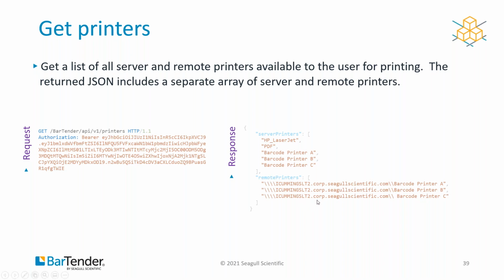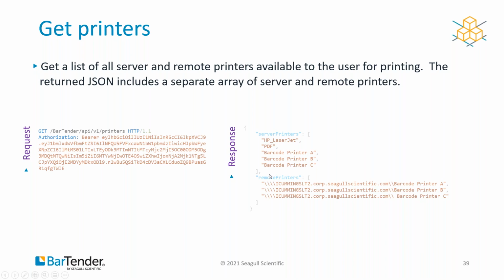Now, as you can see with the name of the remote printers, it is prefixed by what we normally call a UNC path, which is a uniform naming convention. So we have // and what follows is the name of my computer, which is iCummings LT2, but then the fully qualified domain name of the Siegel Scientific domain.